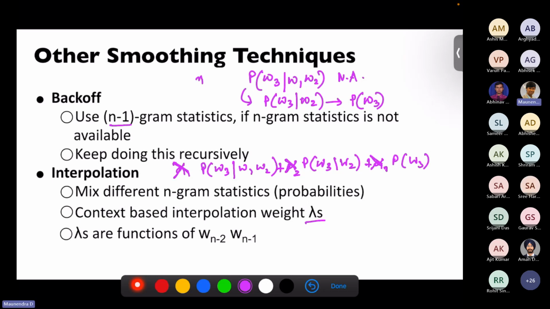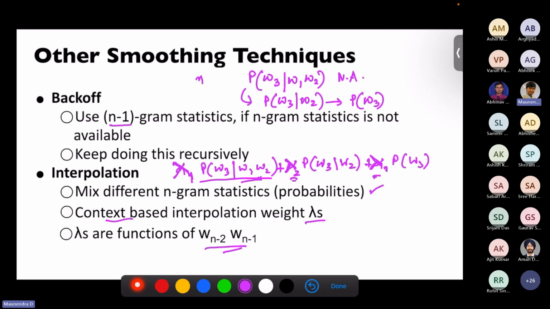And they say that these lambdas can actually be functions of these two things, say W1, W2. So if they are very rare, then lambda 3 or lambda 2 can have higher importance. And if they are very prominent, then we should rely on this and we can ignore the rest. So we can give more importance to this trigram probability only. So in interpolation based techniques, you mix different n-gram statistics or probabilities, and these interpolation weights will be context based.